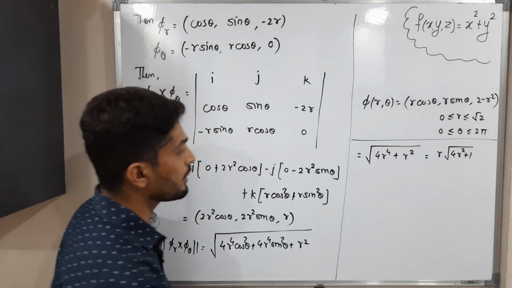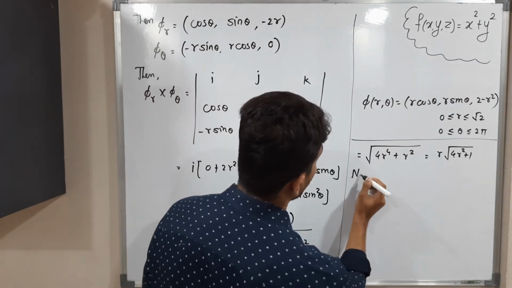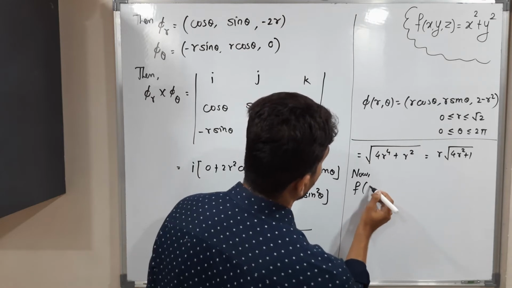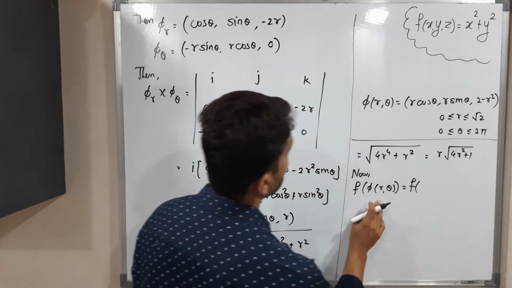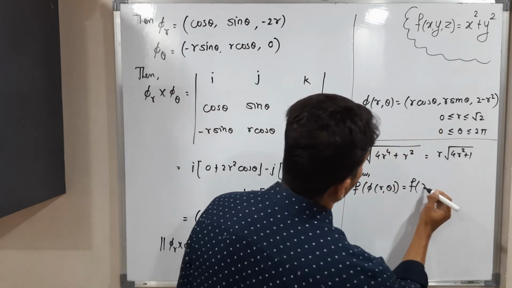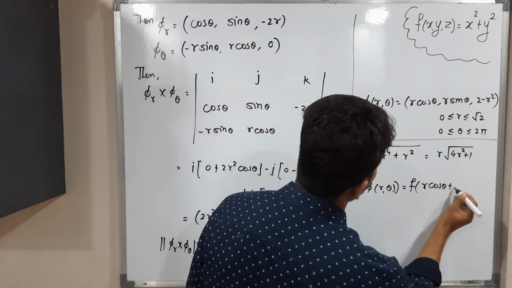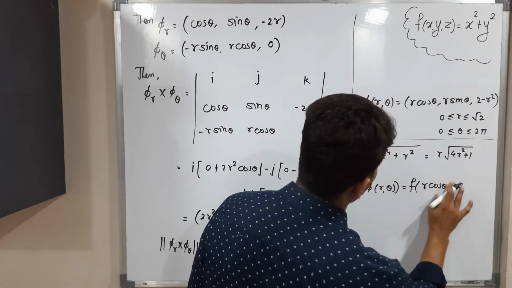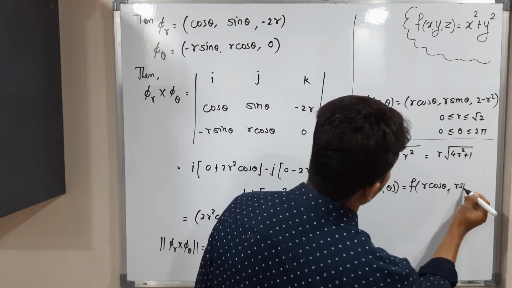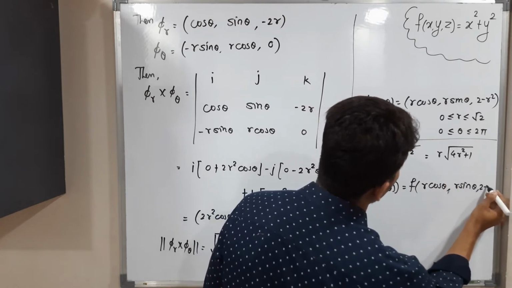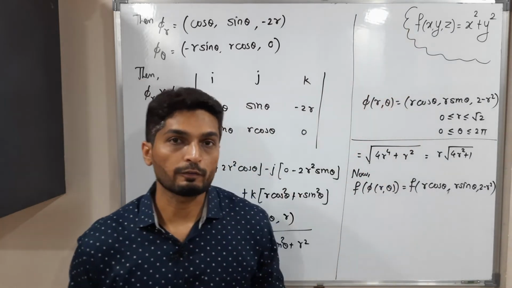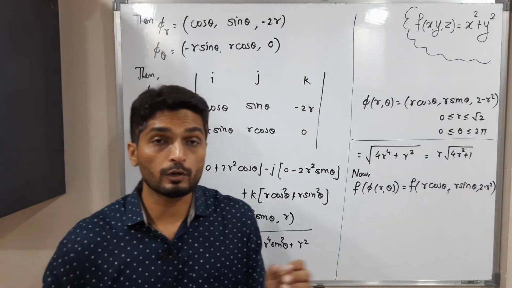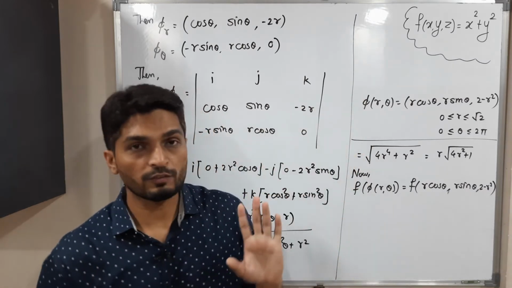So let us go for f of phi of r theta. So what is phi of r theta? This one, r cos theta, comma, r sin theta, 2 minus r square. So now we have to apply the definition of f. The definition of f says square of the first component plus square of the second component.